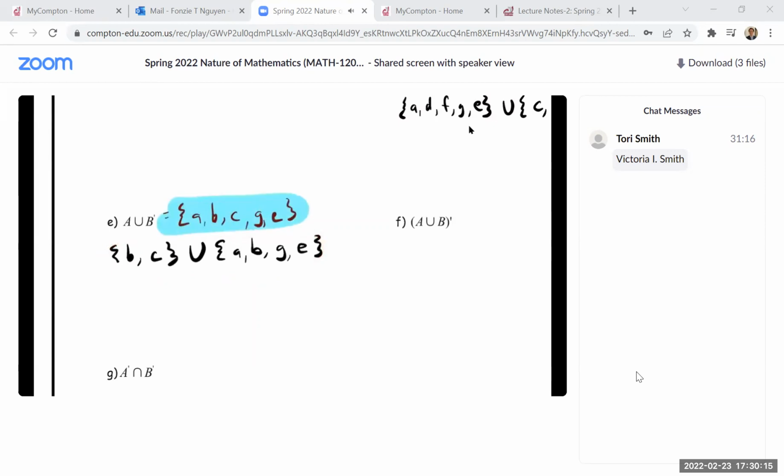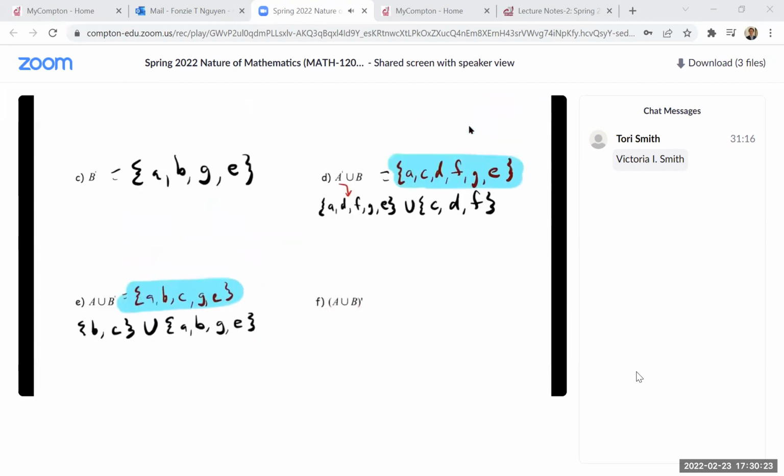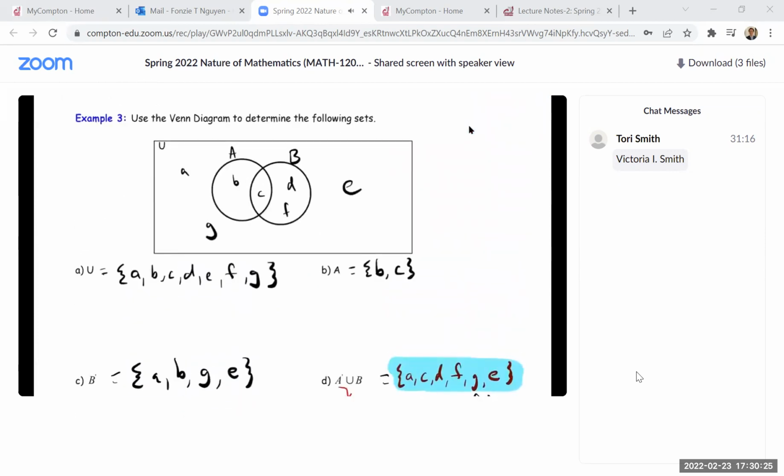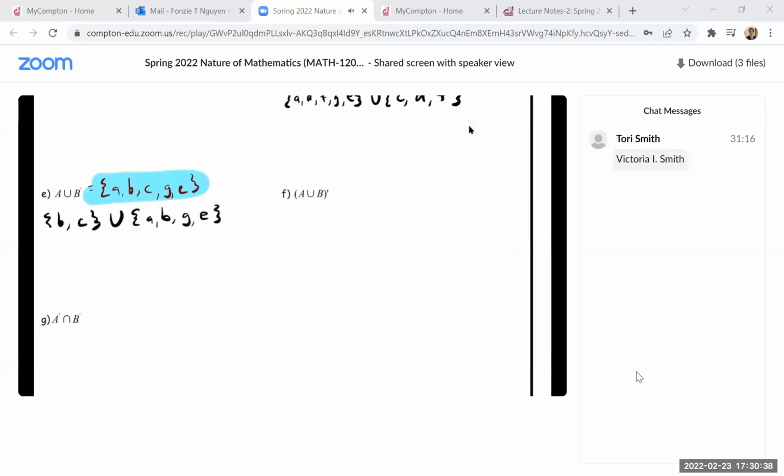And this one's a little bit different because it has the parentheses around it. So first you're supposed to find the union of A and B. That just means everything in here combined with everything in here. So what would that be? B, C, D, F. But then we have to take the complement of that.